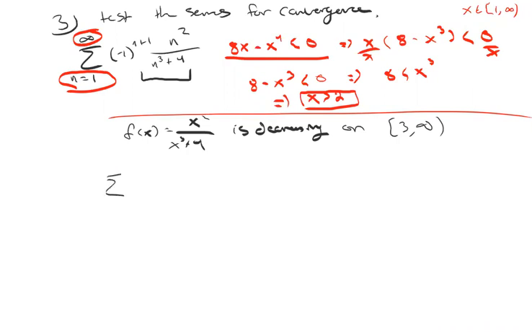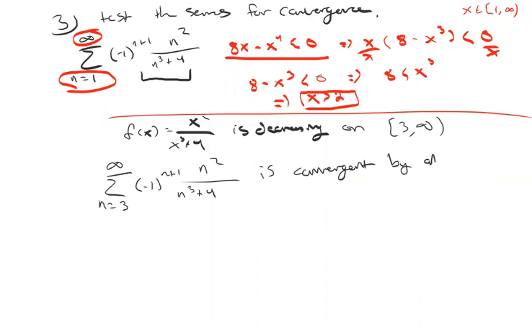We're going to say the sum n equals 1 to infinity of minus 1 to the n plus 1 n squared over n cubed plus 4. Sorry, n equals 3 to infinity. Okay, that looks better. Is convergent by alternating series test.